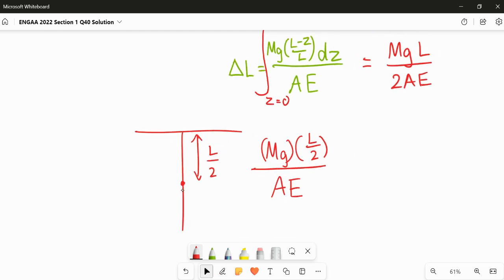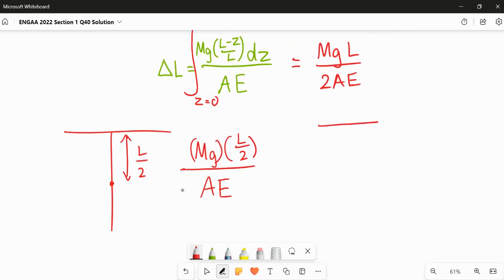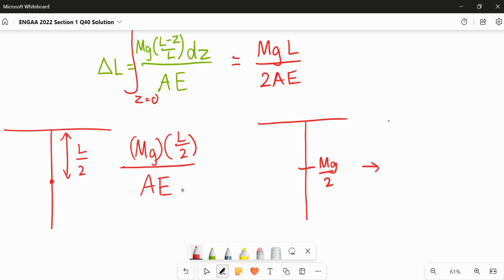Or another interpretation is the fact that every bit of the rope is feeling a different force. So we could work out what is the average force. And because it varies linearly, the average force will be right in the middle. So that'll be mg over 2. So we could say, translating this, that we could consider a long rope of length L, and the average force that every bit experiences is mg over 2 at the bottom.